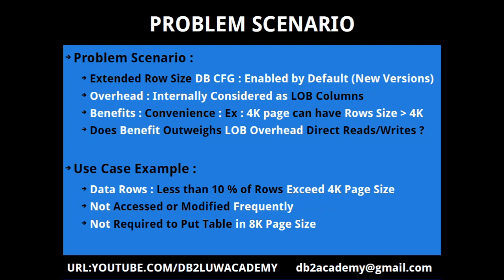Now the benefit of extended row size, at a surface level, is convenience. For example, if you create a table, that table goes into a table space, and that table space belongs to a page size, and the buffer pool also should match the page size. Every table has its own row size.